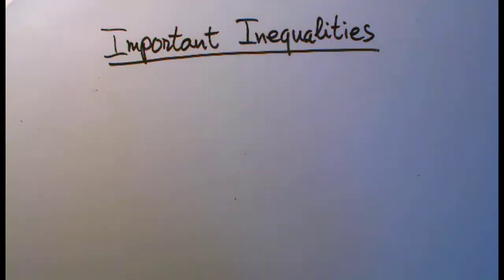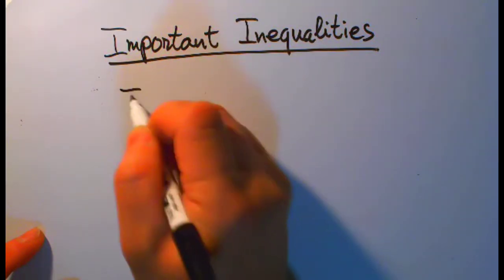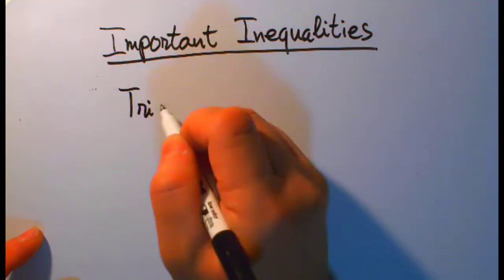All right, and now let's look at a couple of important inequalities that famously came out from the dot product. So the first one I want to introduce here is called the triangle inequality.